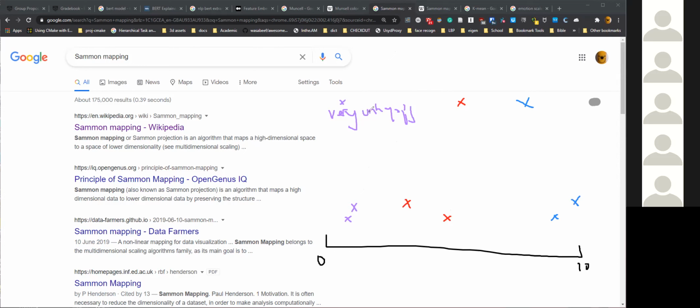And when the third user entered the data, they might put very unhappy here, neutral here, and then very happy here. So if you can imagine this going on and on and on, you would be able to tell that the data will mix up together.